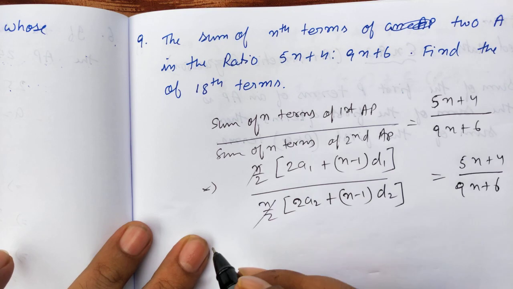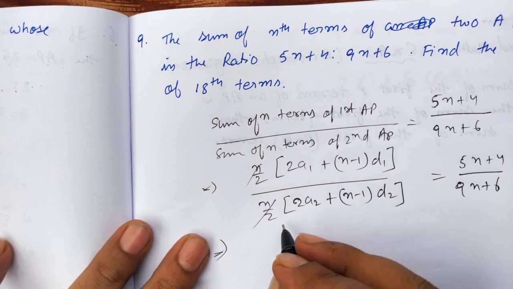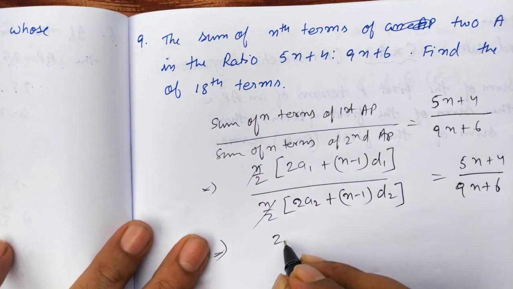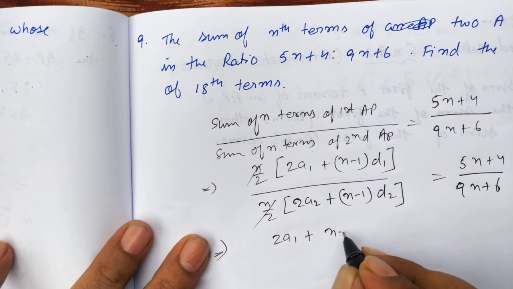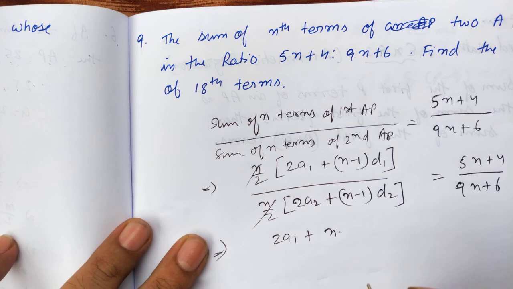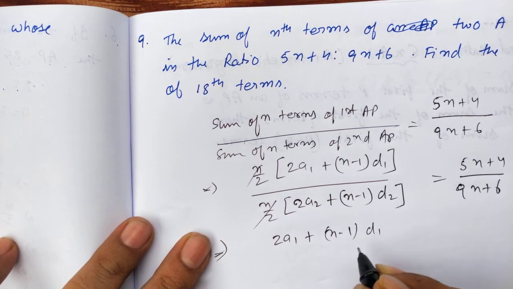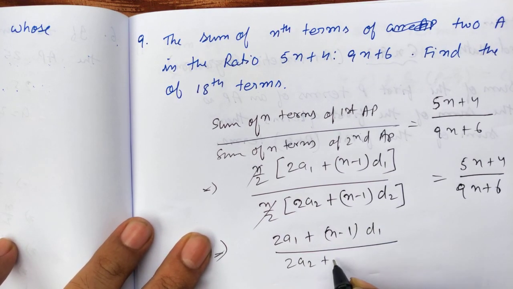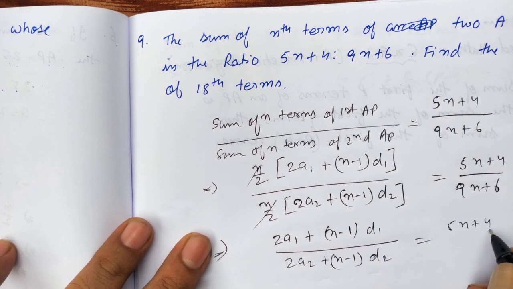We can cancel this. We're getting 2A1 plus n minus 1 D1 by 2A2 plus n minus 1 D2 is 5n plus 4 by 9n plus 6.